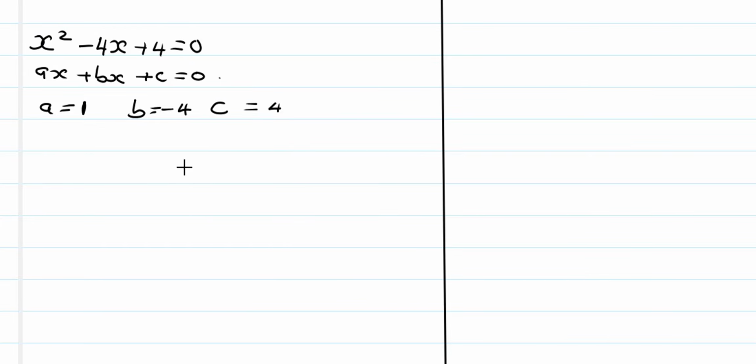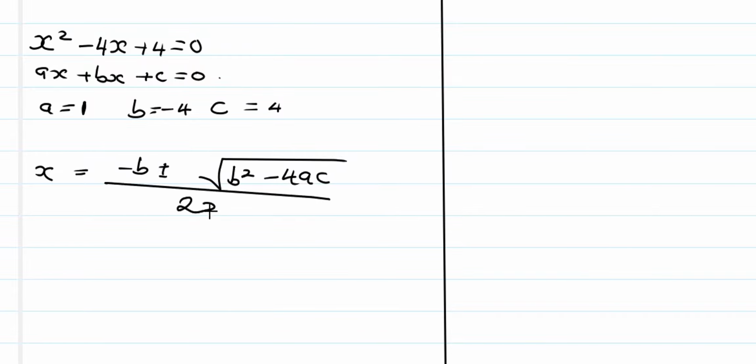Then from there, we can apply the formula directly, which is given by x equals minus b plus or minus the square root of b squared minus 4ac, all of it divided by 2a. We have all the values, so we only need to replace them here.